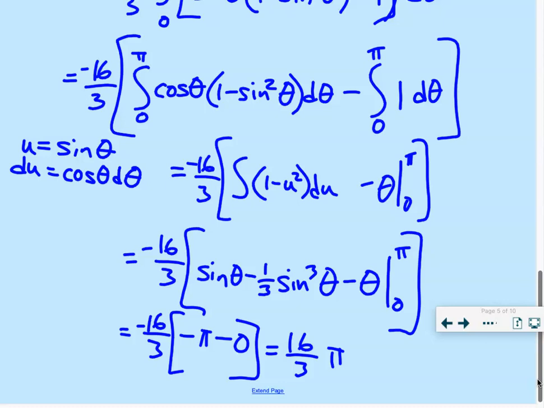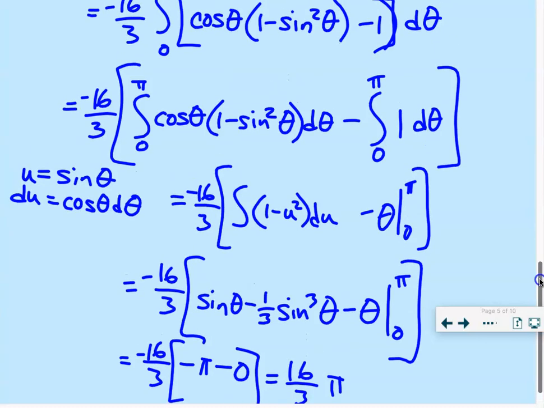No. 1 minus u squared, u, negative 1/3 u cubed, sine theta minus 1/3 sine cubed, minus theta.